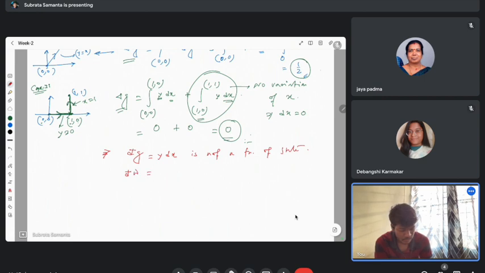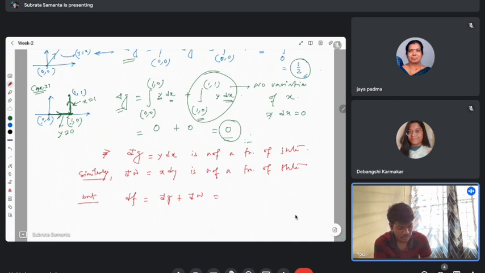Similarly, we take d bar w to be x dy, which is not a function of state, but df is d bar q plus d bar w.